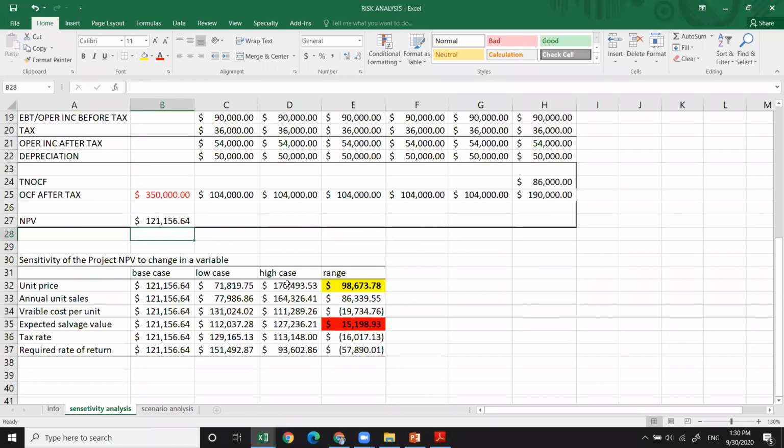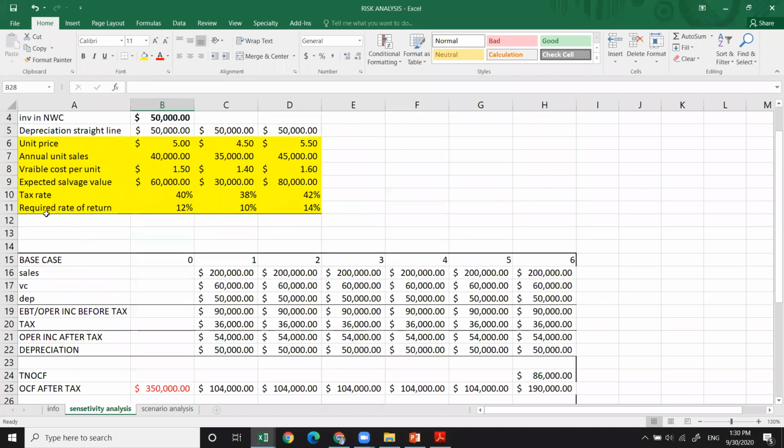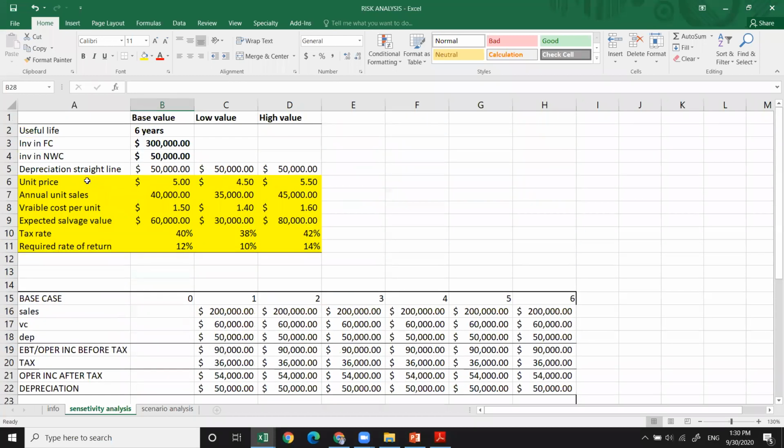Now I will change the unit price, but I will change with an increase. Okay, unit price will not be 5, it will be 5.5. But what is the best thing that I can do in here so that I don't waste the time? I can make it like this. So this will help me automatically change everything.